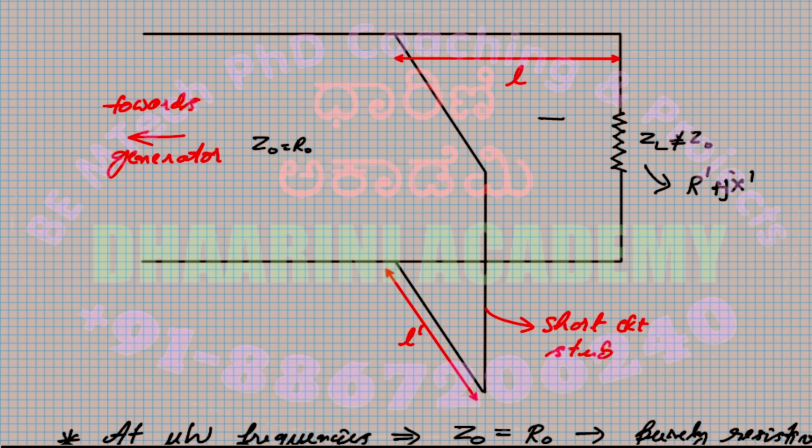Now I will move L in such a way that when I look into the circuit at that point L, I will see some R naught plus jX, because Z continuously changes. Let me give an example to make you understand. Let me assume that this Z naught is equal to R naught, which is simply 10 ohms.